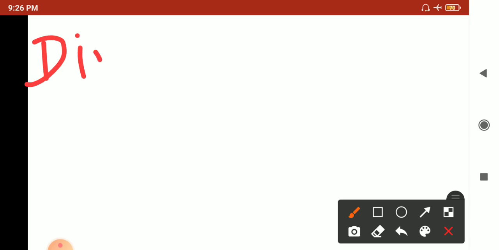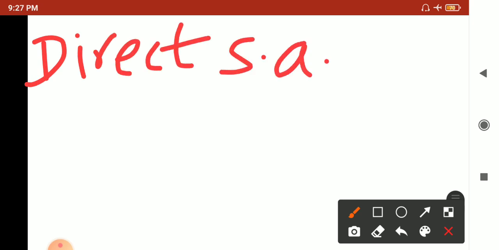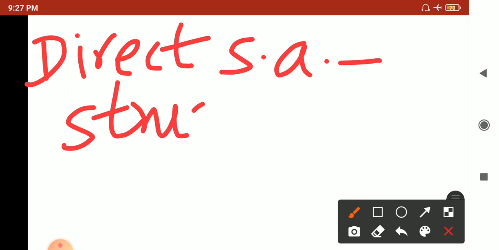What is direct speech act? Direct speech act simply means when the structure of the sentence and its intended function has a straightforward relationship.